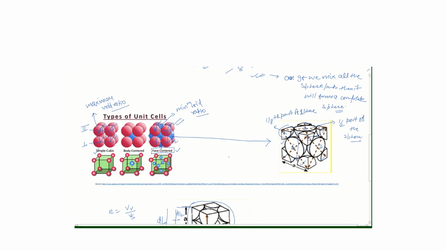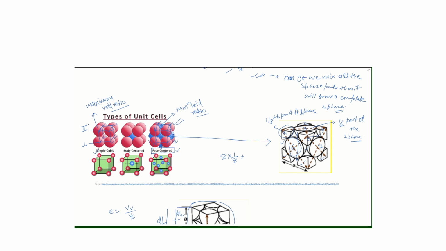The total number of spheres is going to be 8 in this case. We have 8 such different spheres, each contributing its 1/8th part, and 4 such half spheres that you are seeing here.